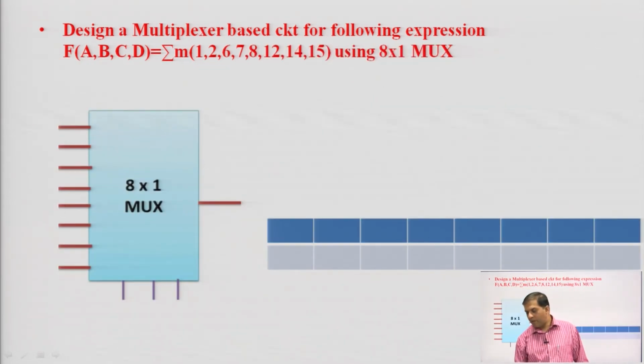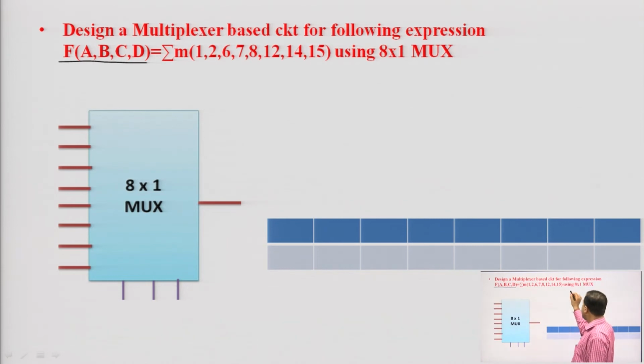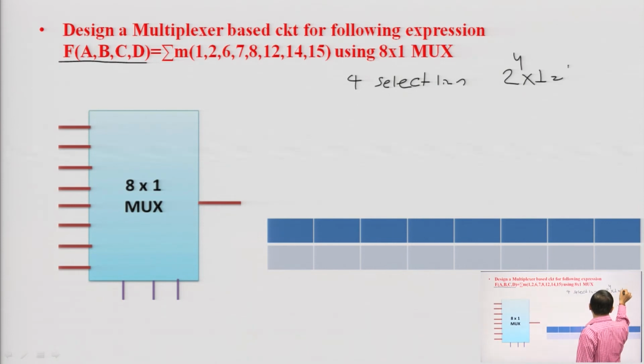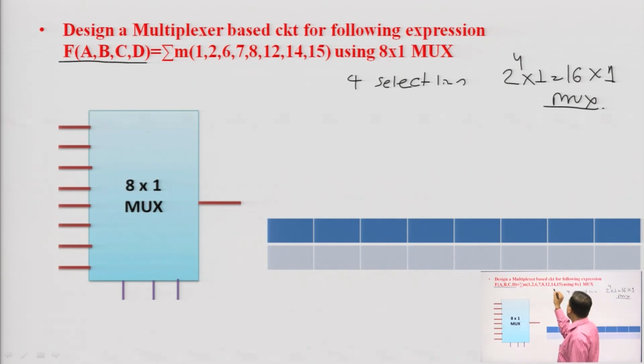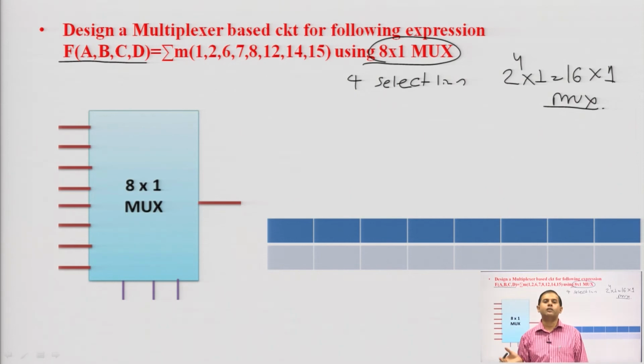But the problem comes where the number of variables is A, B, C, D, which means 4 variables. So, 4 select lines means the actual size of the mux is 2 to the power 4 cross 1, means 16 cross 1 multiplexer, but here you have to implement it using an 8 cross 1 mux, means a bigger size mux using a smaller size mux, right. So, in that type of problems we have to do some modifications.